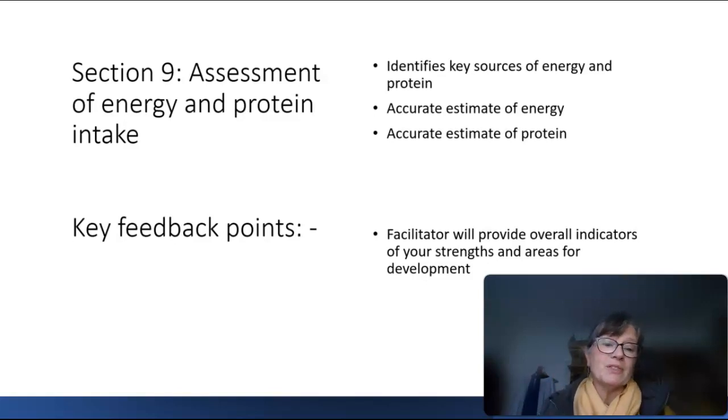But we're going to be focusing on have you asked the right questions to get that information as appropriate for this particular scenario? That's what we're going to be looking at. So we're not going to take in your assessment at this point. You'll not get direct feedback on the precise detail of that, but you will get feedback on the content of your consultation and the quality of the information you have obtained in hopefully a person-centered way.